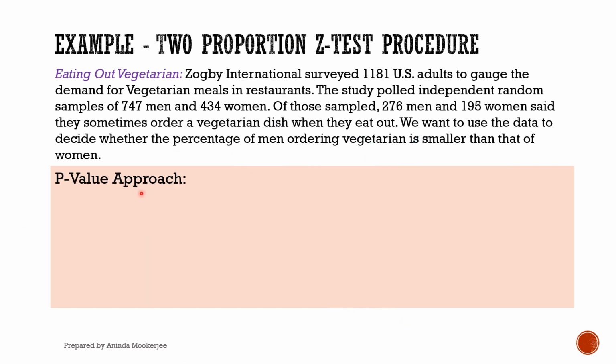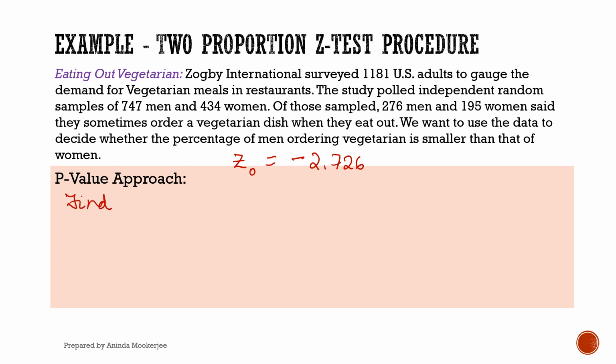Now for the p-value approach, again, we start with our test statistic value, right? So again, let's write our z sub 0 value, that was negative 2.726. So we take our test statistic value and find the area.